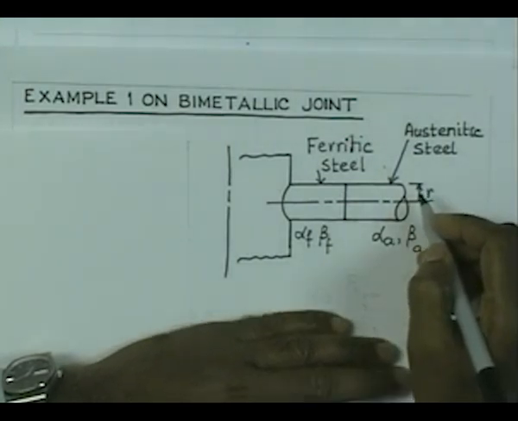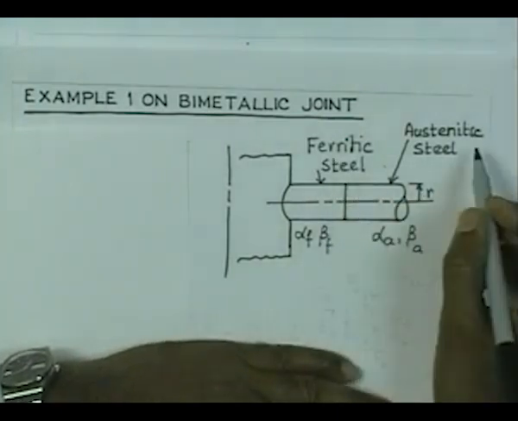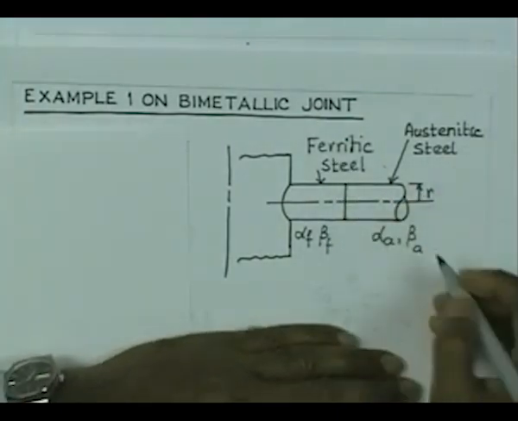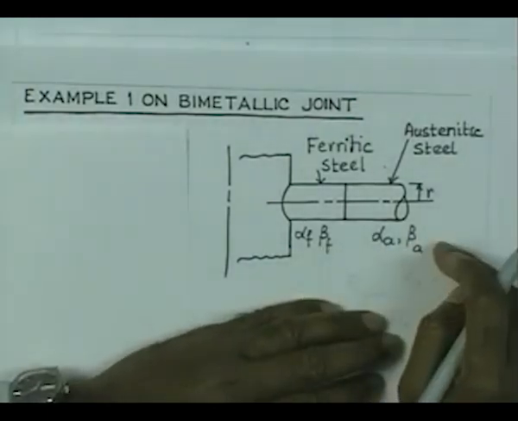So, therefore, and also it depends on Poisson's ratio. Poisson's ratio for ferritic steel and austenitic steel can be taken to be the same. Therefore, we can consider this beta F and beta A to be almost the same.